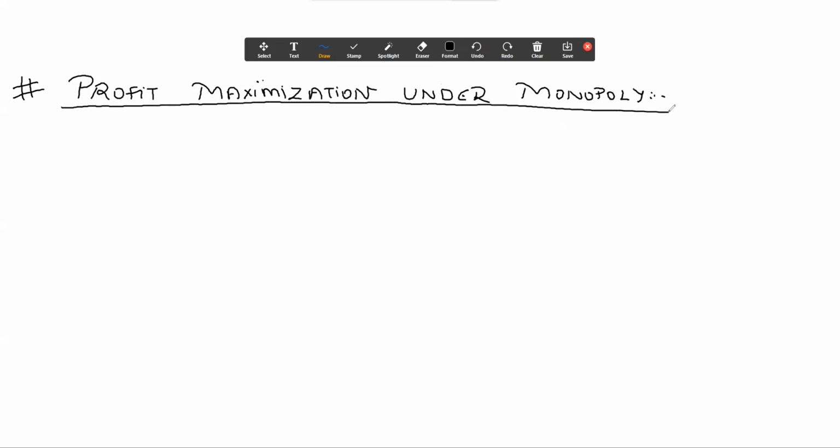Now let's draw the diagram. We have done the profit maximization under monopoly in the first year also of economics honors.